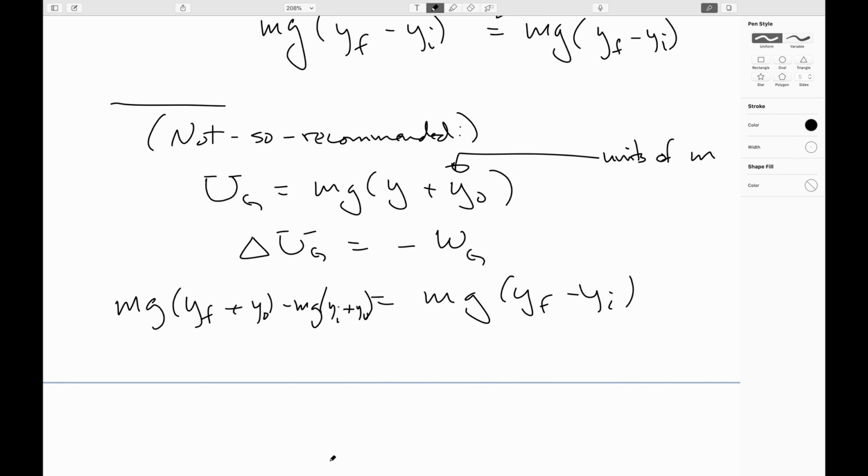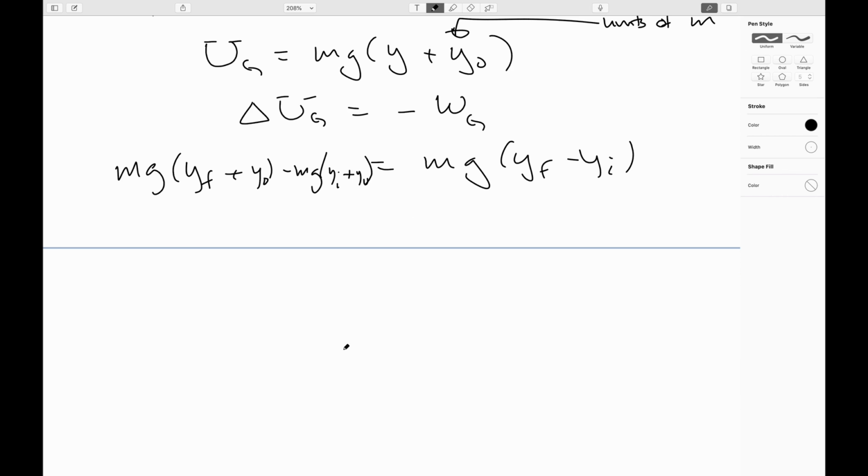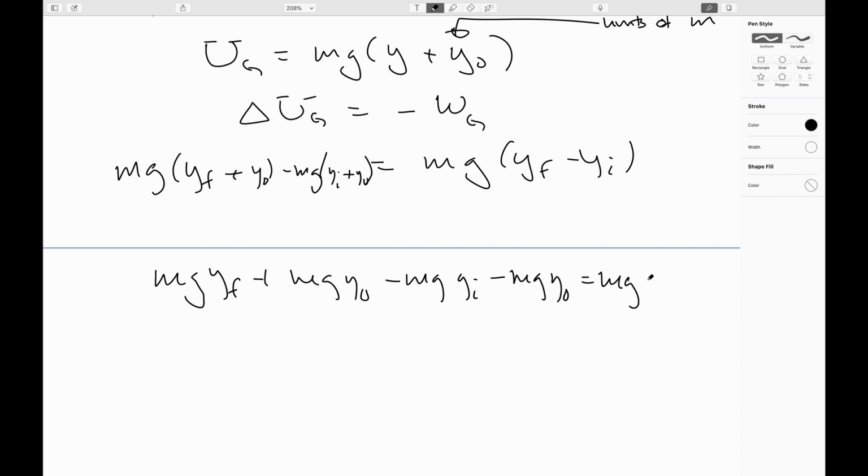All right, we can expand it out. We'll get mg y final plus mg y naught minus mg y initial minus mg y naught. So we need to see if this equals mg times (y final minus y initial). Well, these terms cancel.